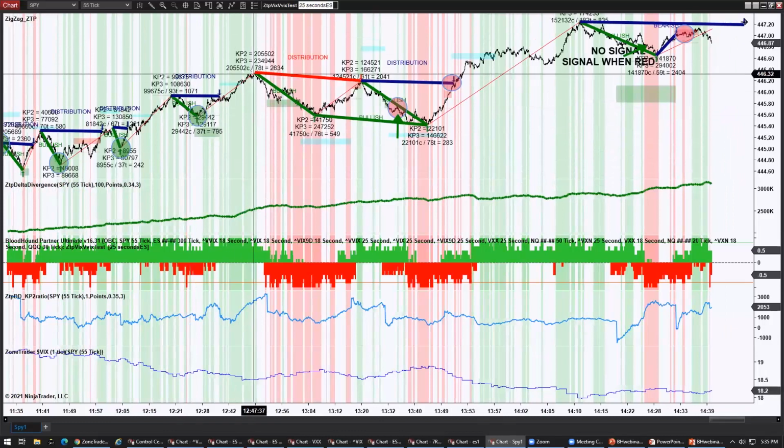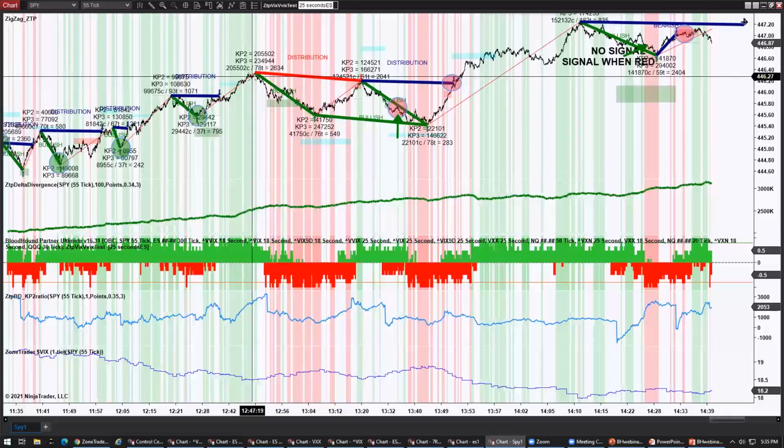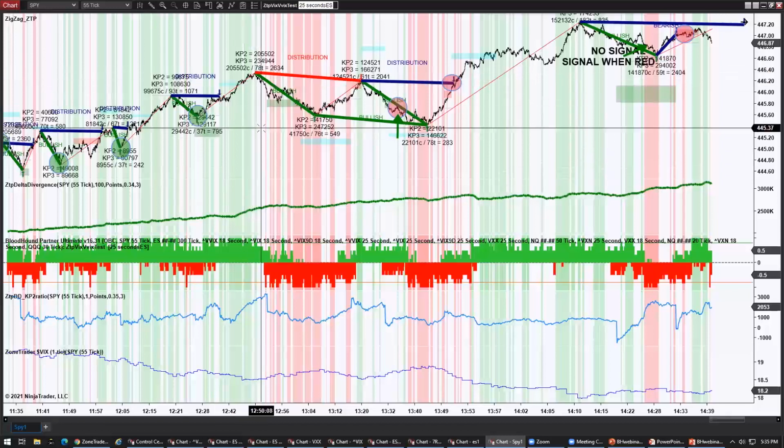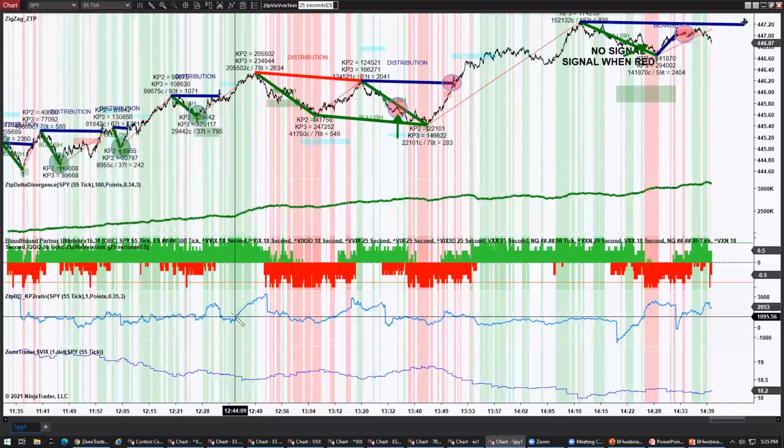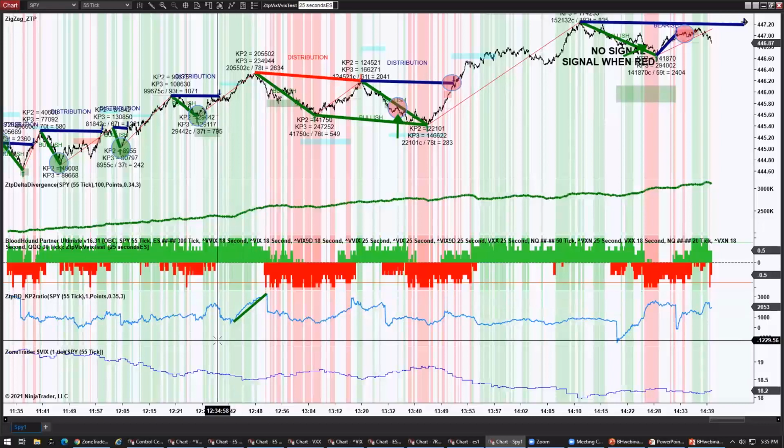The problem is 90% of the time up here at a top, we had full green BloodHound, and that made a top. Well, was there any clue that that was going to be the top? Well, if we come back here to our ratio indicator, yeah, right there.